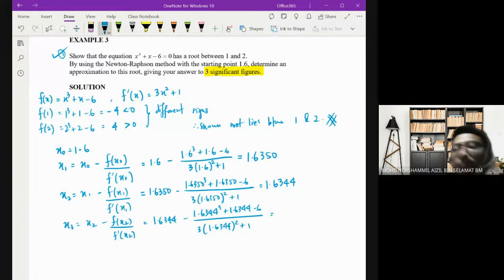Okay, what do you get? I am confident we will get 1.634 also, but what will the last digits be? Give me the value please. Come on, brother. Come on.